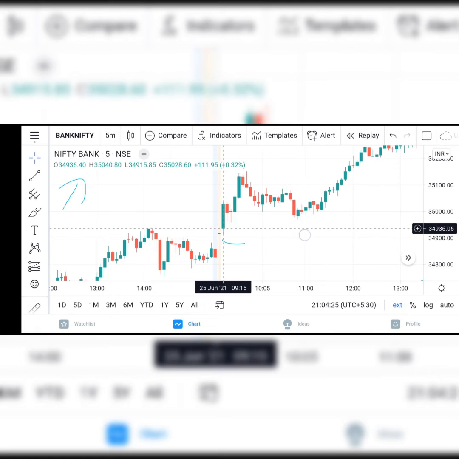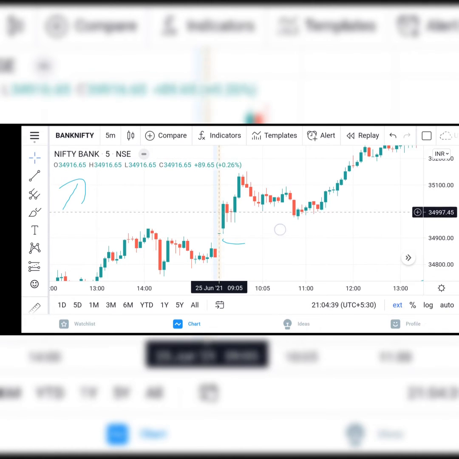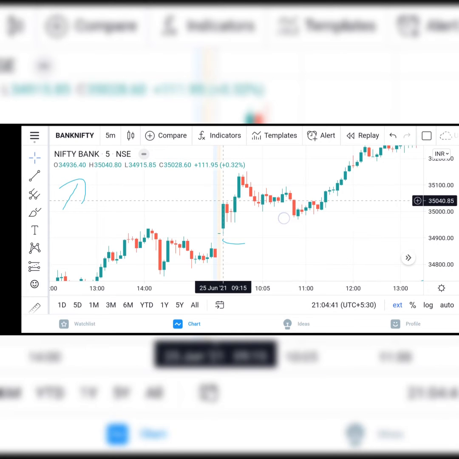In the candle also, it opened somewhere here at 34,936, then went to the highest point, 35,040, and it might have come to the lowest point, 34,916. This is the highest point it achieved, but it was not able to close there. So there is one more point, called the closing price, that is 35,028.